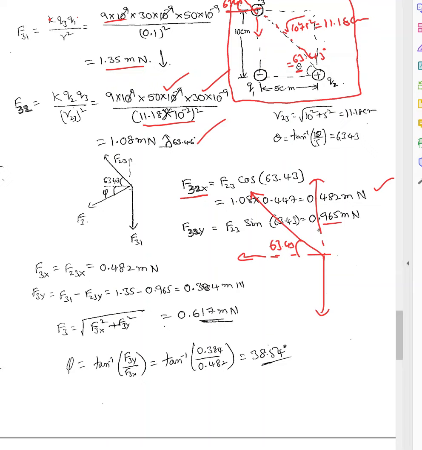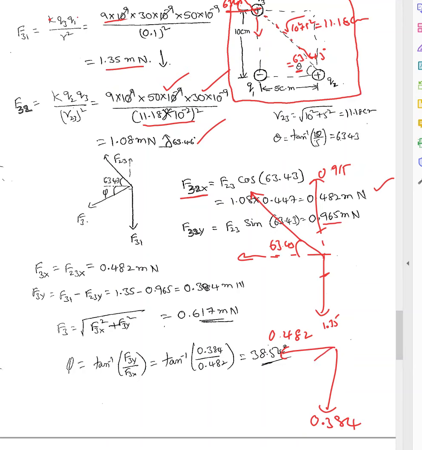Now the y components are opposite to each other, but this one has a bigger quantity, which is 1.35, and this is only 0.965. So the result is going to be 1.35 minus 0.965. Still, you will end up having some force towards down and some force in this direction. This one is 0.482 and this is 0.384.